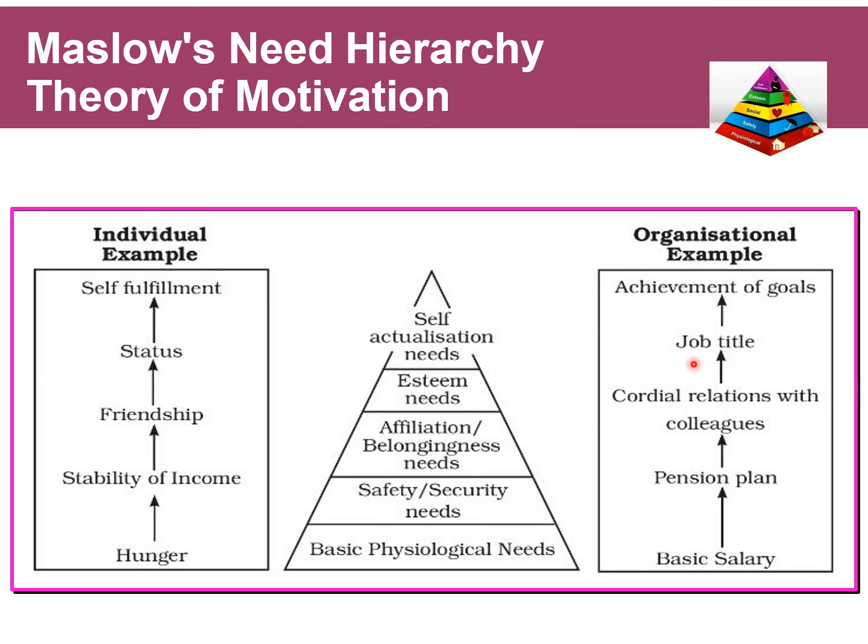Then comes job title. An organization offers certain kind of job title, recognition, or any position to certain people in an organization, so that it can satisfy their esteem needs. And then final achievement of goals, which satisfies an individual's self-actualization needs.